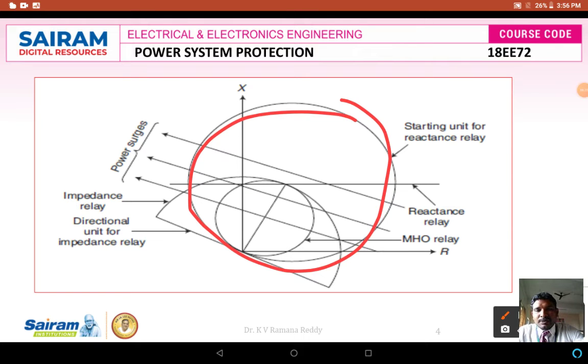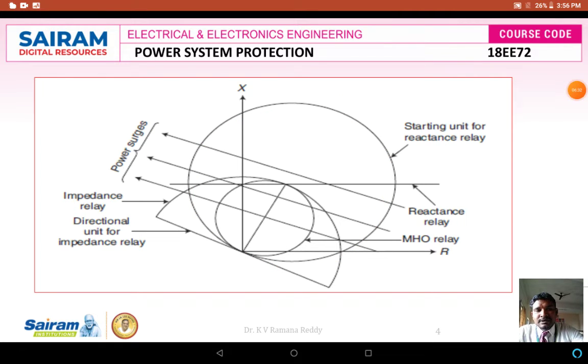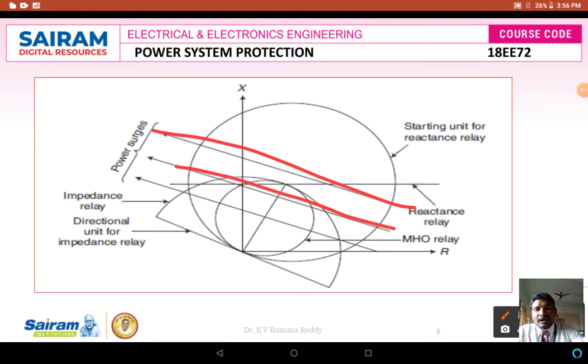The operating characteristics here we look at with respect to the reactance of the transmission line, the admittance of the transmission line, and the resistance of the transmission line.